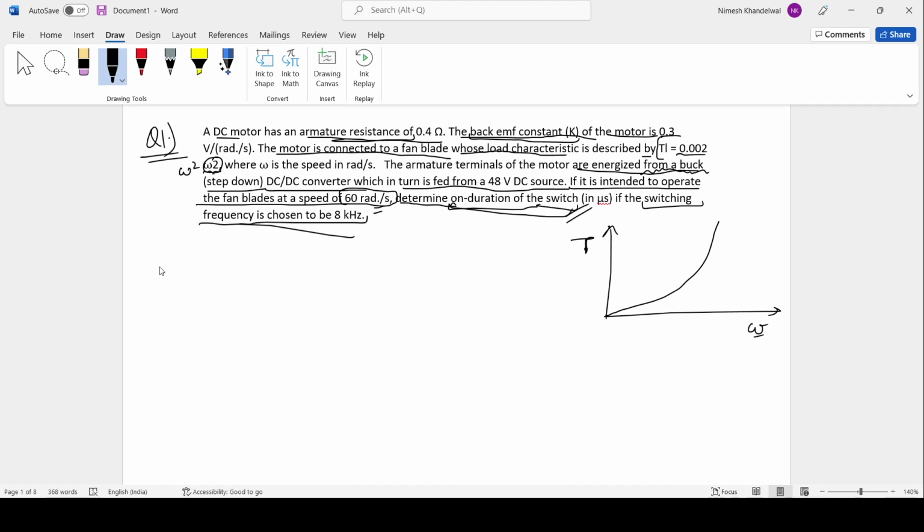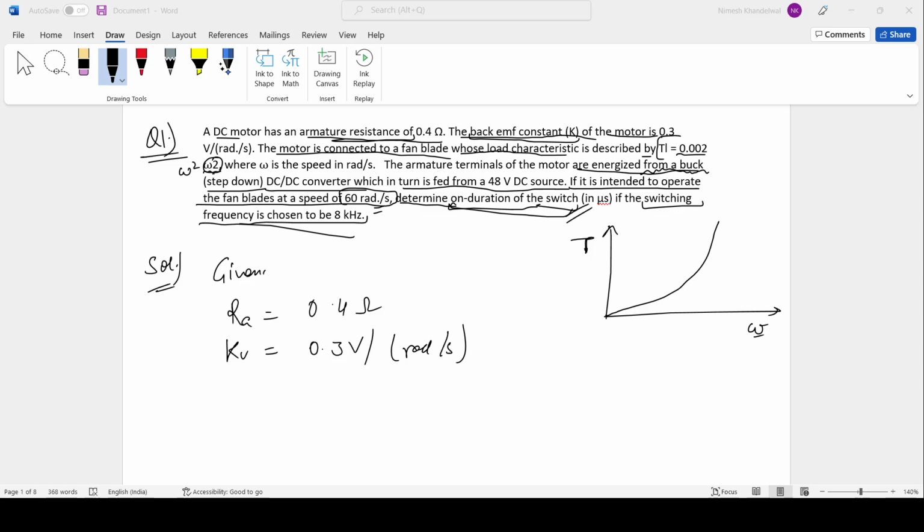Now let us write the solution. Let us first write all the quantities that are given to us. We have the armature resistance as 0.4 ohms, and we have the back EMF constant as 0.3 volt per radian per second.